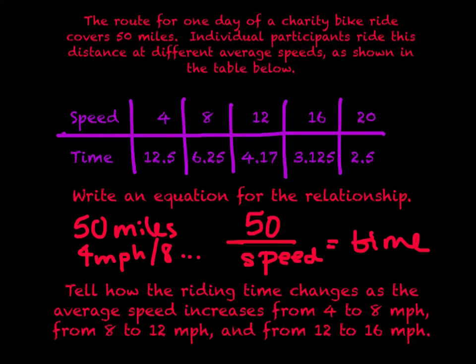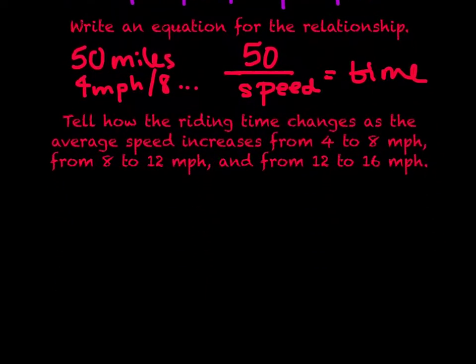So 50 divided by the speed of 4 will give us 12.5. 50 divided by 20 gives us 2.5. So that is our equation that we're going to use.